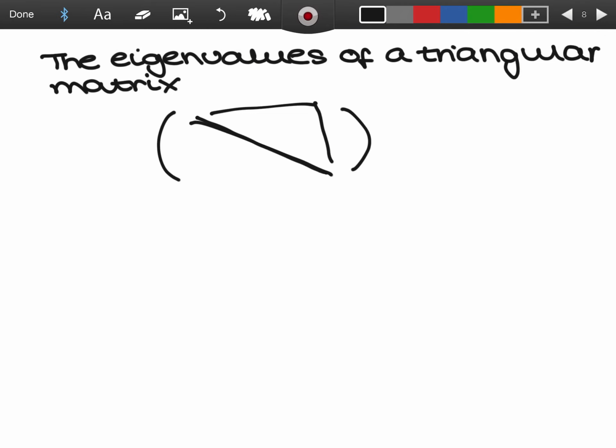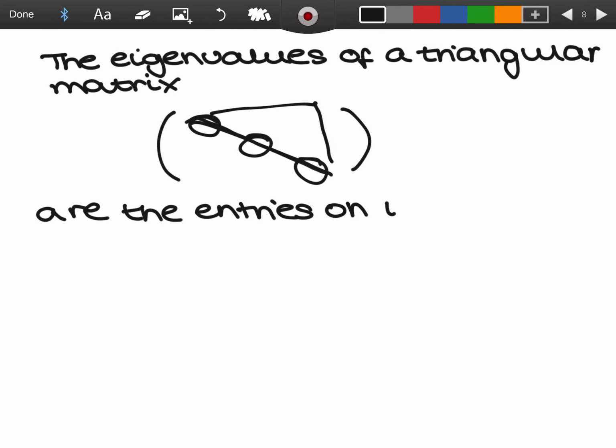So the eigenvalues of some triangular matrix, we'll take it as upper triangular for now, just so we can see what we're looking at, are just the entries of the matrix along that main diagonal.